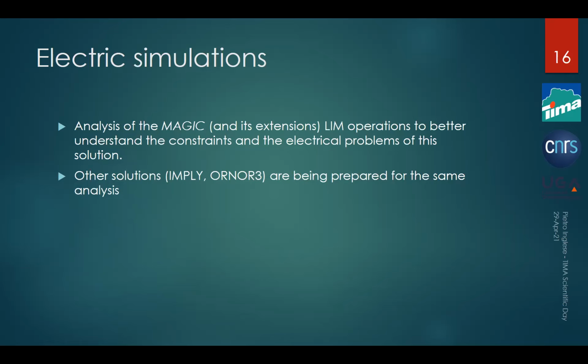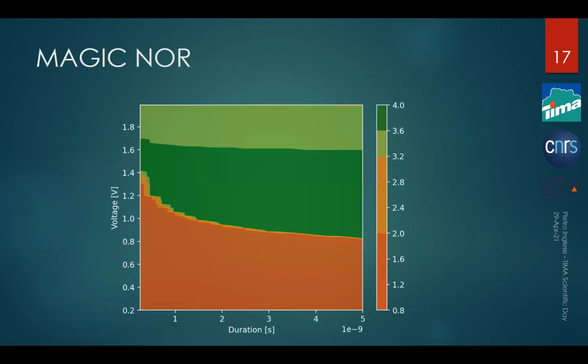I wanted to show you, for example, the result of the MAGIC NOR. As you can see here, we ran a simulation with the MAGIC NOR operation, with different durations of the NOR operation and different input voltages. The area where the NOR operation is correctly executed is the dark green, so this one.